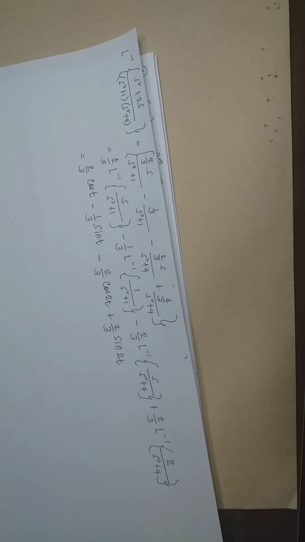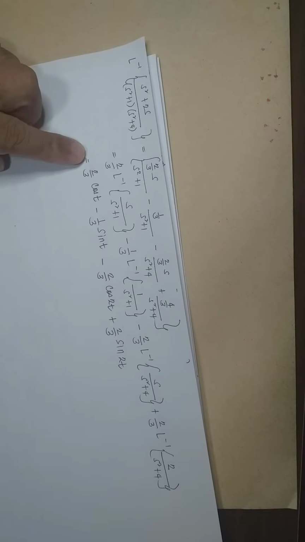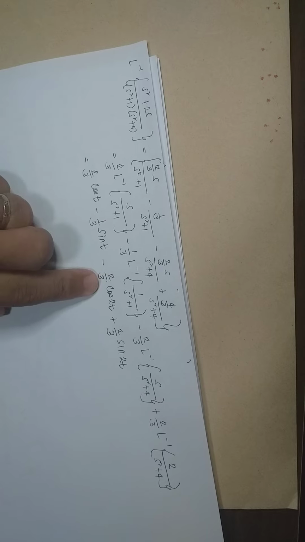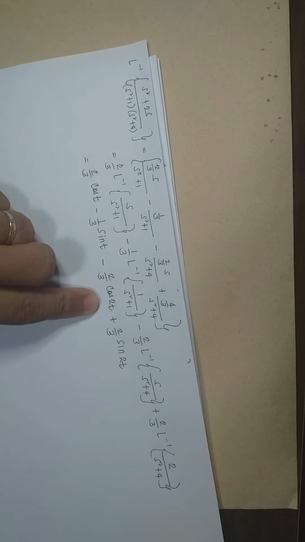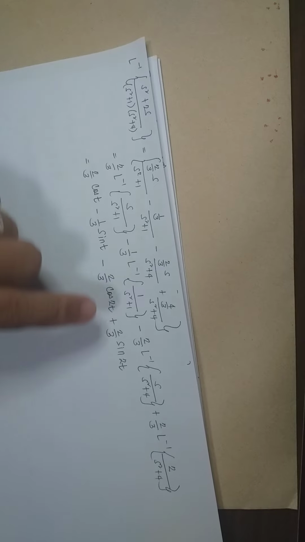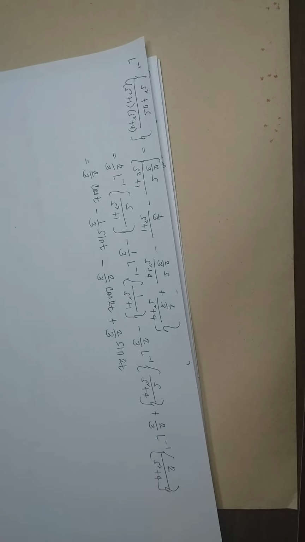Let's see if the answer is correct. So we have 2/3 cosine t minus 2/3 cosine 2t minus 1/3 sine t and 2/3 sine 2t. So that answers number 6.